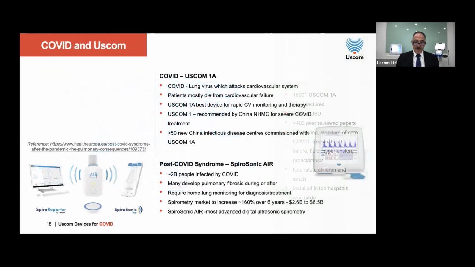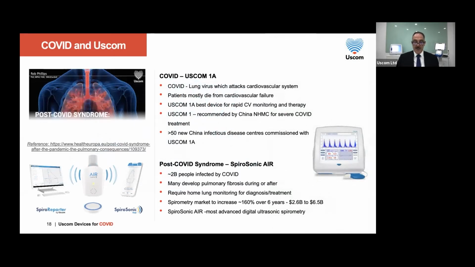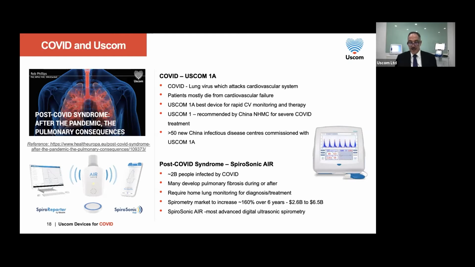The COVID-19 pandemic is one of the most important social and medical events of our time, and Uscom technologies are at the forefront of its diagnosis and management. The Uscom 1A is a superior technology for management of severe cardiovascular failure from COVID, and it was recommended by the Wuhan Adult and Pediatric Critical Care Societies, the National Health and Medical Commission of the People's Republic of China, and the International Society of Critical Care Medicine Pediatric guidelines in the US.